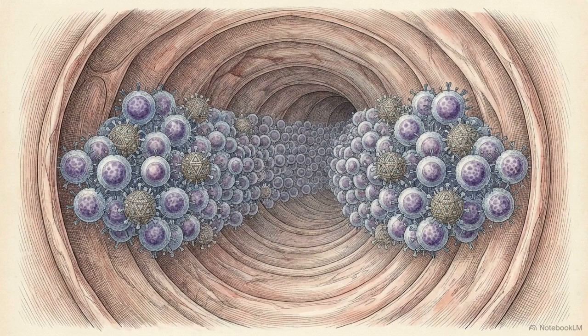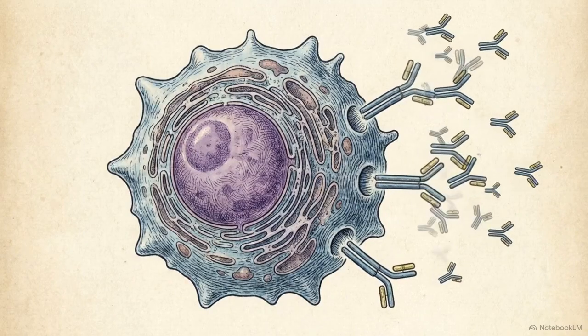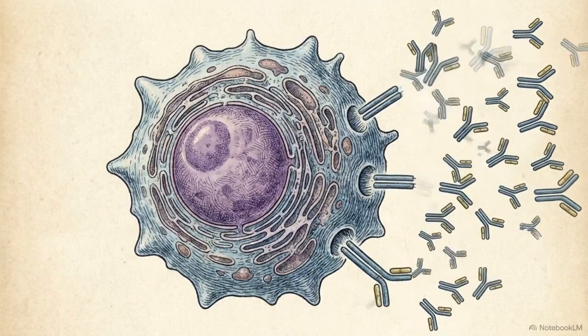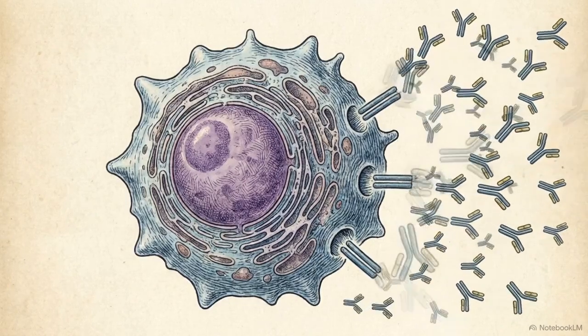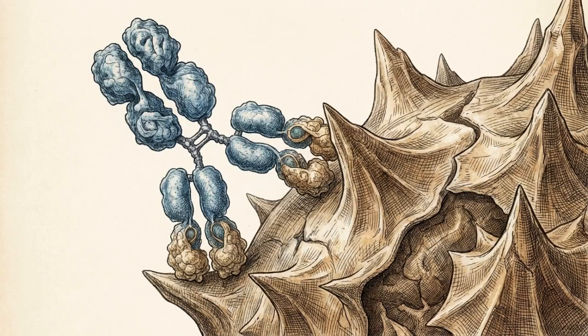With activation complete, the system moves to the execution phase, where expanded clones deploy their specialized weaponry. In the humoral arm, activated B cells become plasma cells. These biological factories secrete thousands of Y-shaped antibodies per second into the bloodstream and lymphatic fluid. Antibodies do not kill pathogens directly.